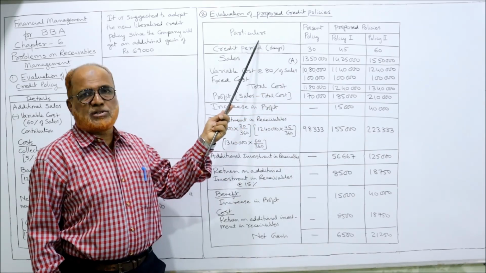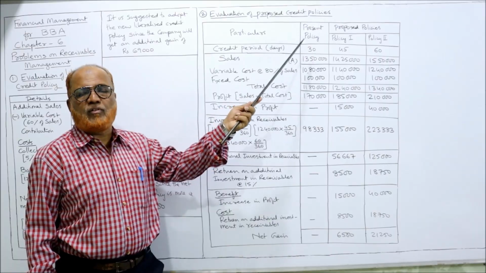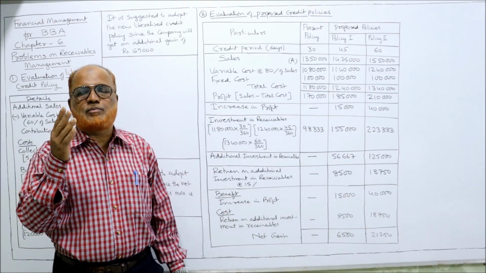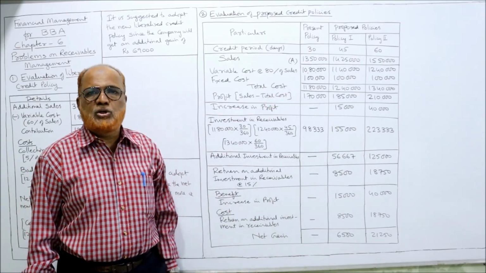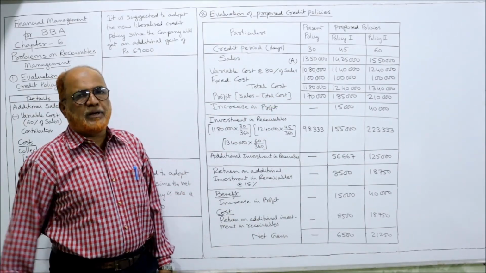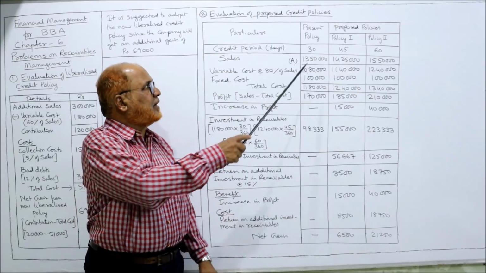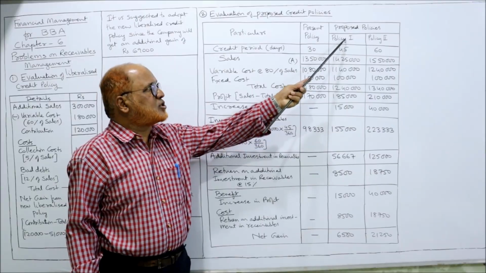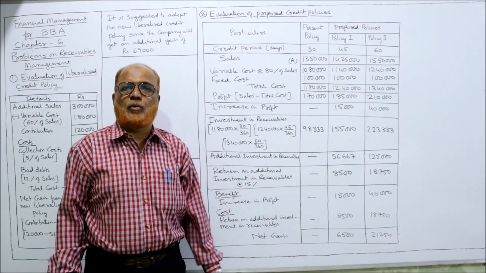Apart from particulars, we want the present policy column, then the 2 proposed policy columns, policy 1 and policy 2. First of all, credit period. The present credit period is 30 days, whereas the proposed credit periods are 45 days for the first policy and 60 days for the second policy.